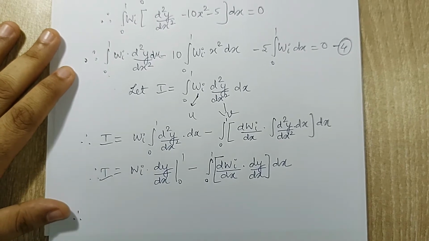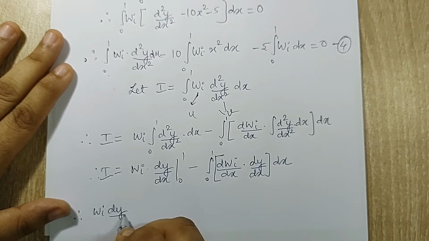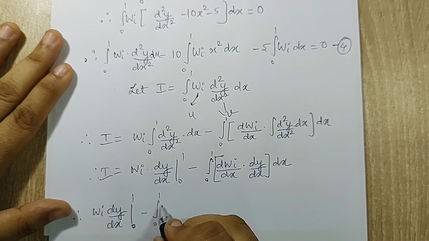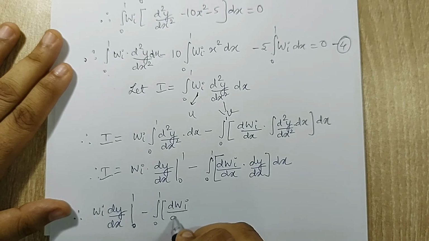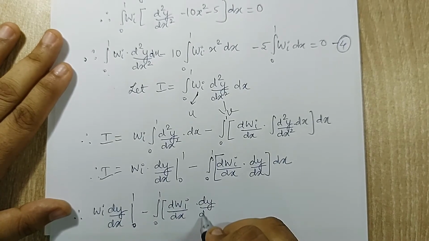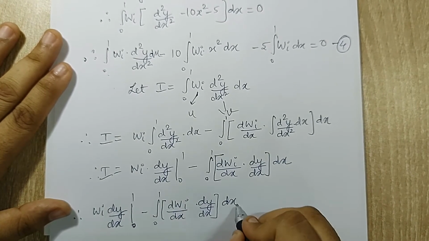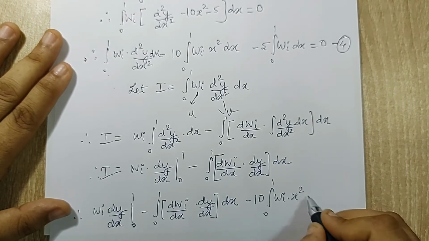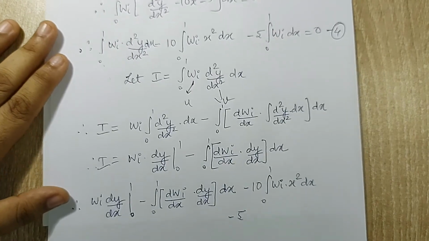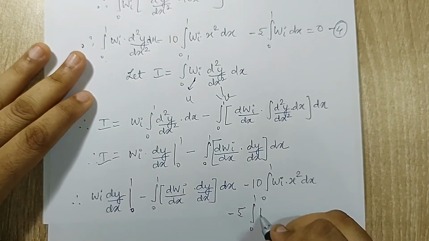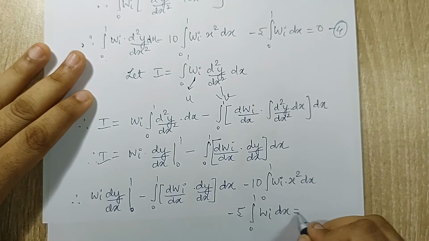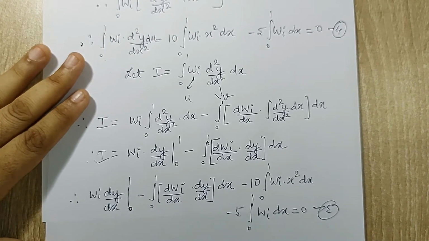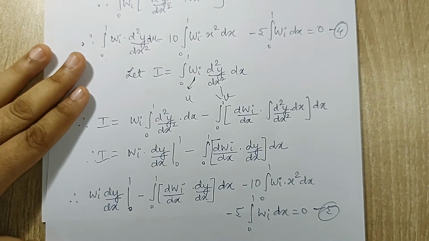Therefore, I'll have wi dy by dx from 0 to 1 minus integration 0 to 1 dwi by dx into dy by dx, minus 10 integration 0 to 1 wi x square dx, minus 5 integration 0 to 1 wi dx is equal to 0. So this is that main equation 5 which I am supposed to use to now calculate the value of C2.